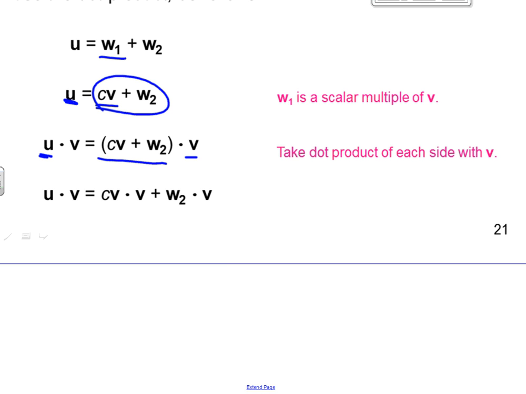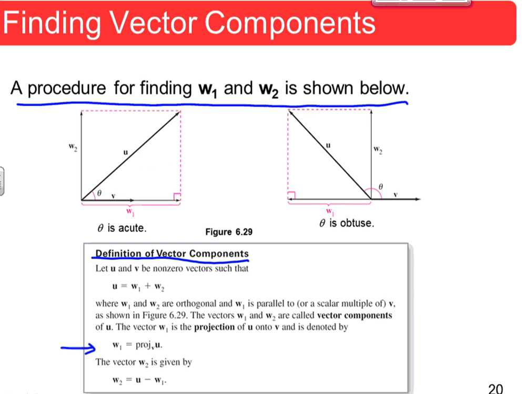And what is true about W2 dot V? Let's look at that picture here. Here's W2 and here's V. What's true about their dot product? What should the dot product of these two be?